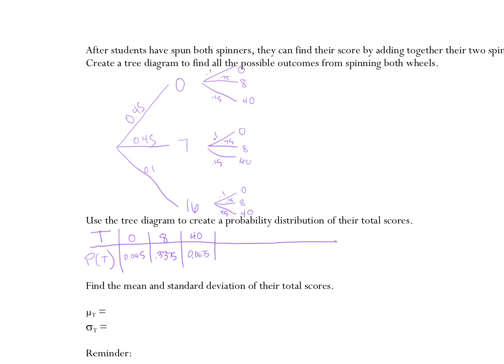All right. Next branch down, what's my total? 7. I know all of these probabilities, y'all, because they're the same. Next branch down, my total is 15. That will also be 0.3375. Okay, and then 7 and 40 is 47. So that'll be 0.0675.